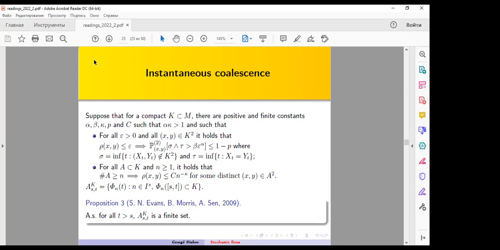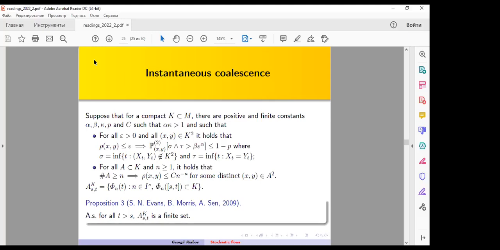The probability that two trajectories started from K at distance epsilon, and they stayed in K and did not meet during time proportional to epsilon to the power alpha. So this probability must be separated from 1.